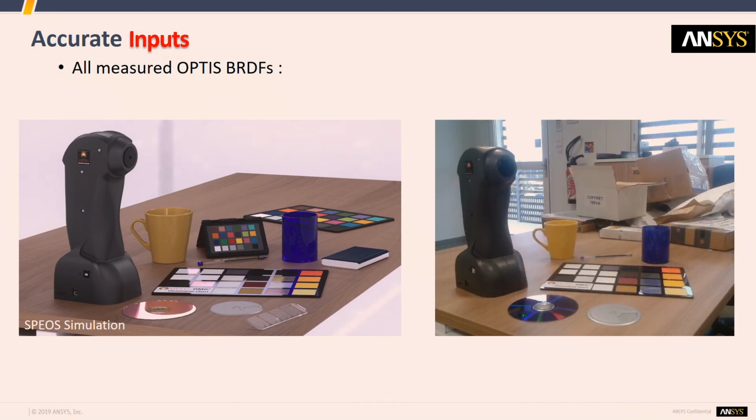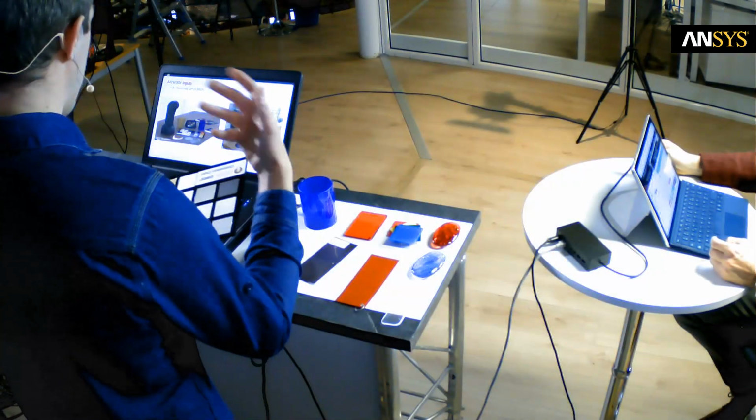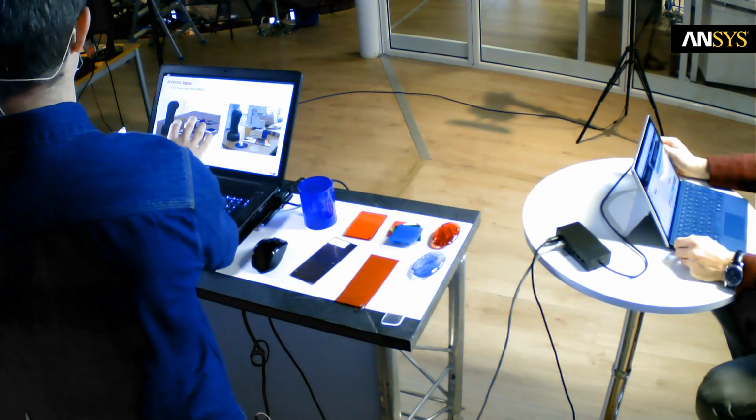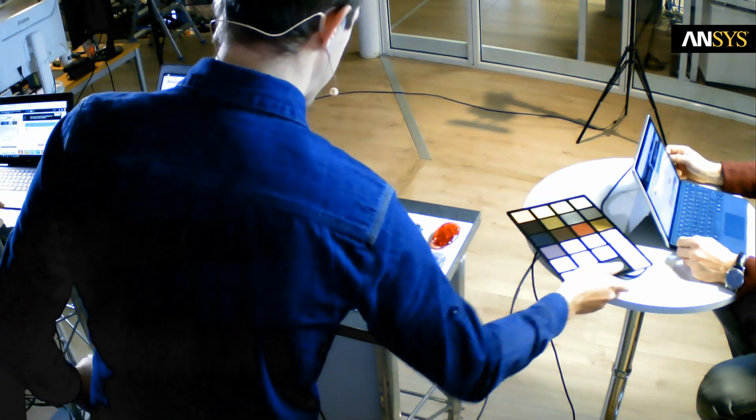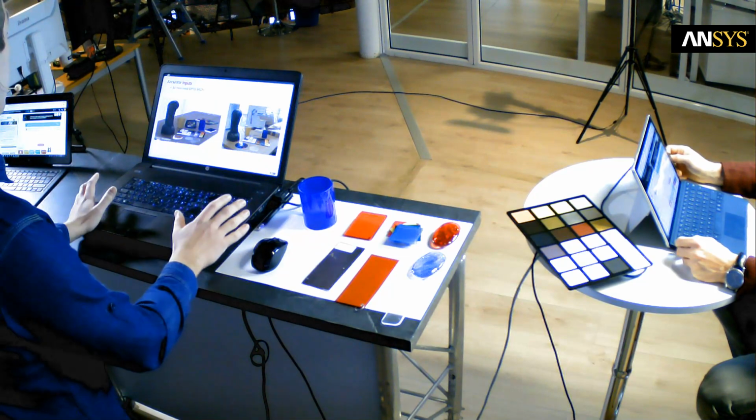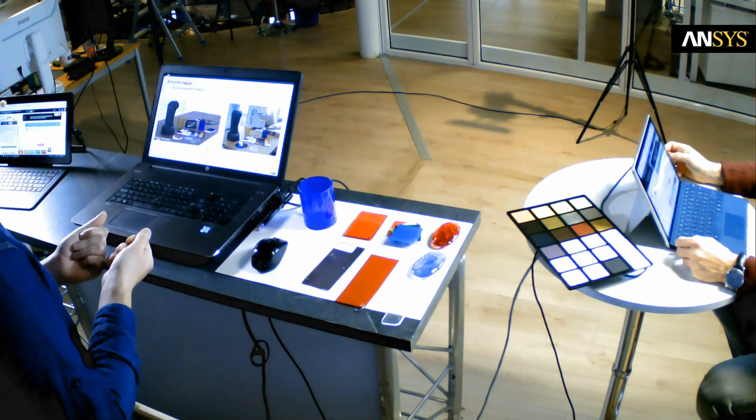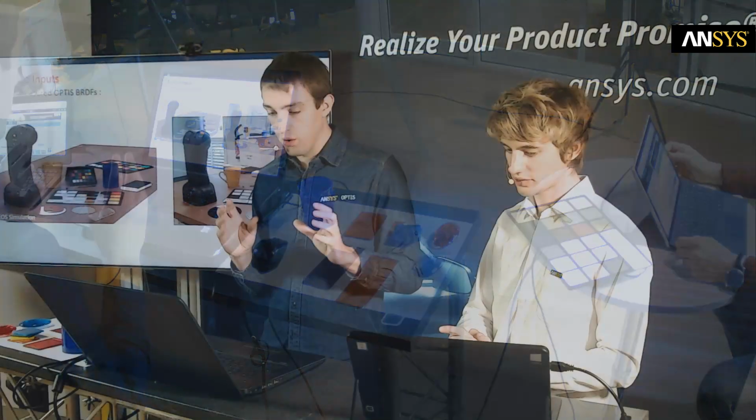And all of these are actual samples. We've got all of this real, so you can experience it in reality and validate that in simulation it's exactly matching. So this is all about, so far, surface properties of the material, but let's now talk about a more complex topic.